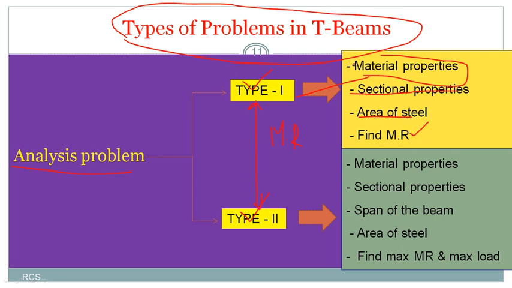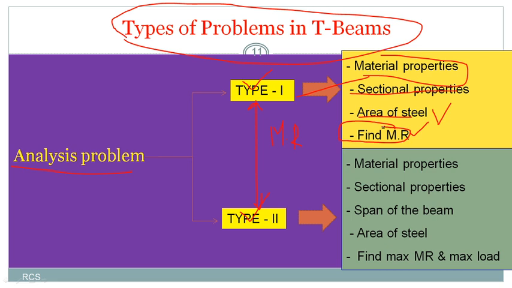The material property means what grade of concrete and what type of steel you are using, and the sectional property means the dimensions of that beam, that is bf, Df, the effective width of the flange or width of the web, and overall depth of the T-beam. Those things will be given, and how much area of steel we have to provide will also be given as input. Then we have to calculate the moment of resistance.